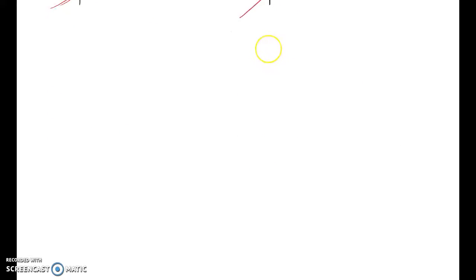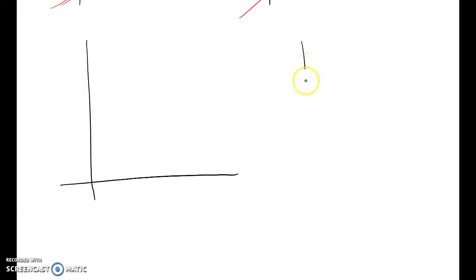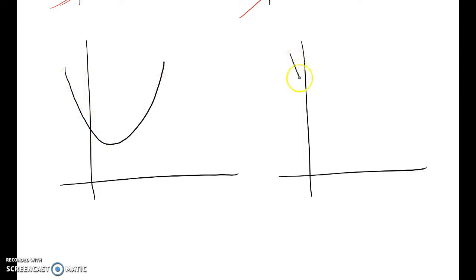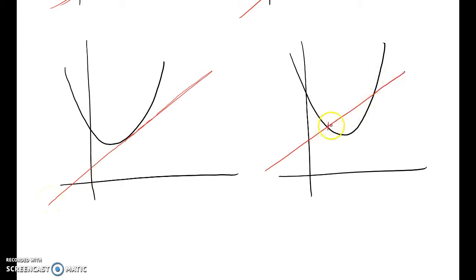So even for a function, I can distinguish the tangent and secant cases here. Whenever we have a curve like this, tangent means it looks like this, and secant means something like this.